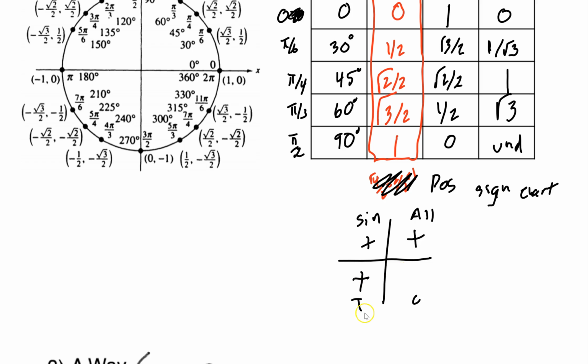So only tan is positive in quadrant 3. And then quadrant 4, if you notice, only the x values are positive, so only cosine is positive. So a short way to memorize that, we just put All Students Take Calculus.